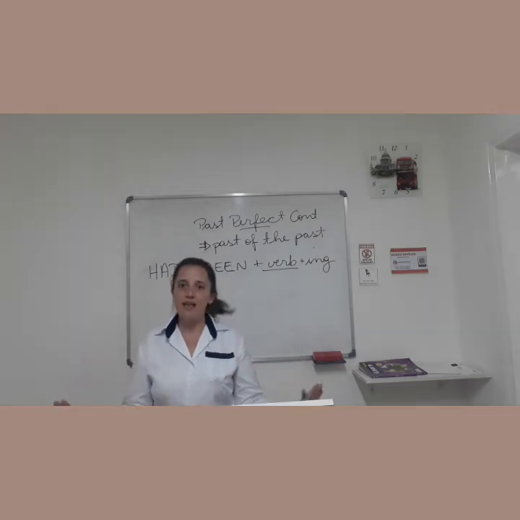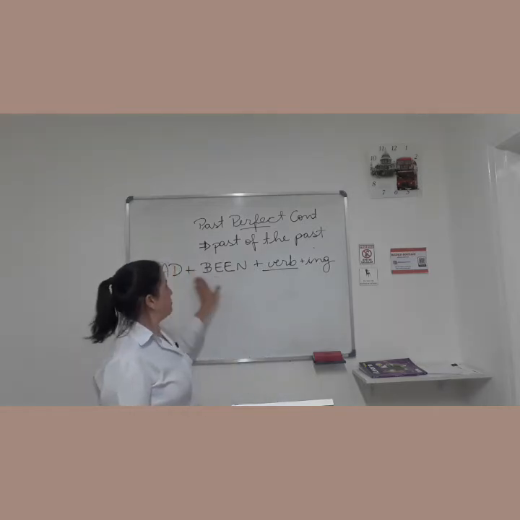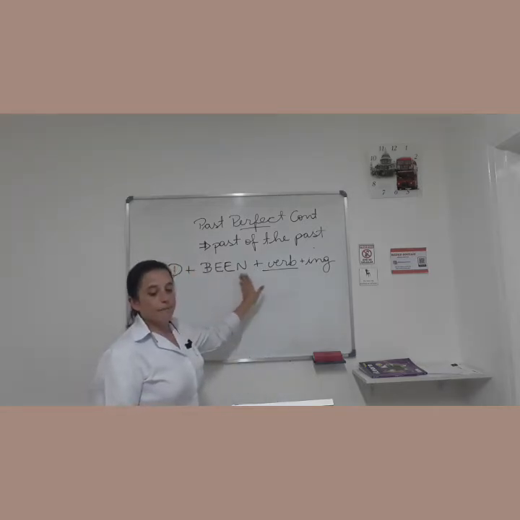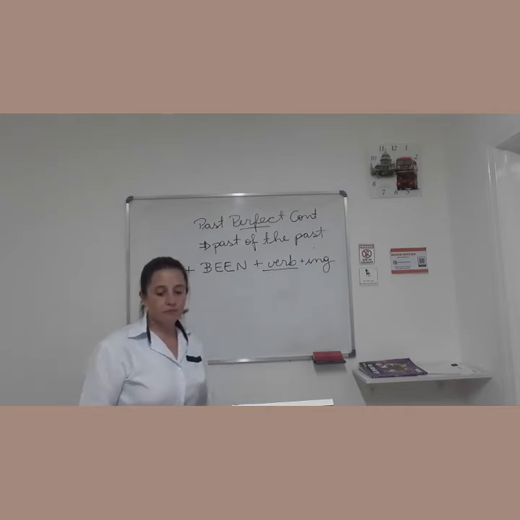Again, it's still the past of the past, okay? So, we form the past perfect continuous tense with subject plus had plus been plus the verb with ing, which we call present participle.